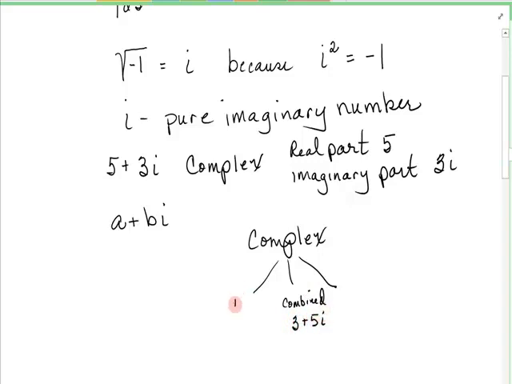There are those that are real, like 3, and if you wonder where the rest of it is, it must be plus 0i. And then there are those that are pure imaginary.